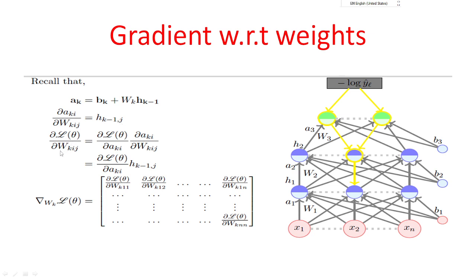Dou L of theta by dou Wkij you can split and apply the chain rule, dou Ak i by dou Wkij. Just substitute here. Now you can obtain a matrix for the gradient, del Wk L of theta. So k11 is the first node in one layer and the first node in the next layer, k12 means the first node in that layer and the second node in the next layer. This is how we can complete the matrix.